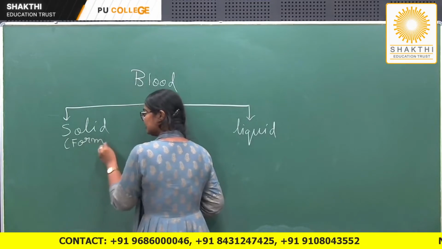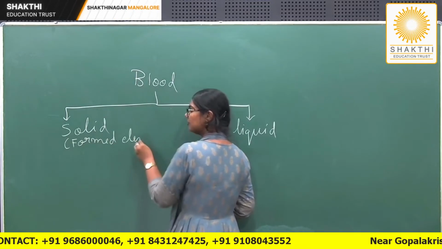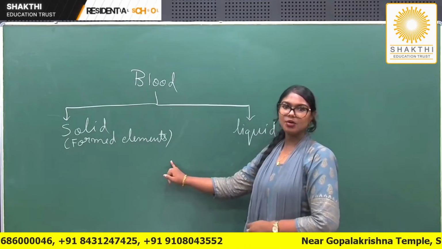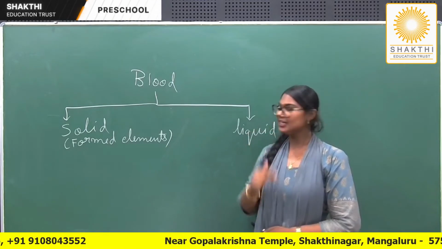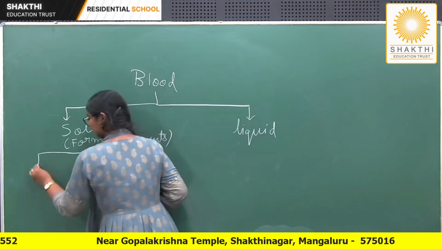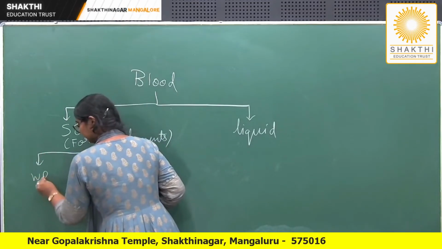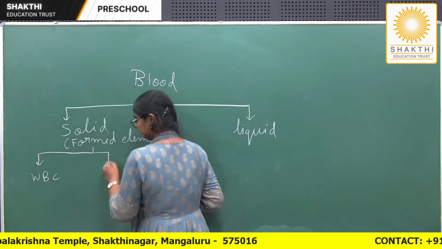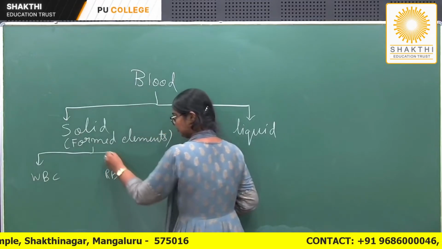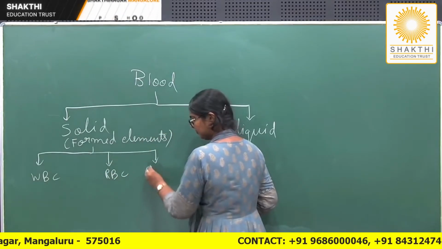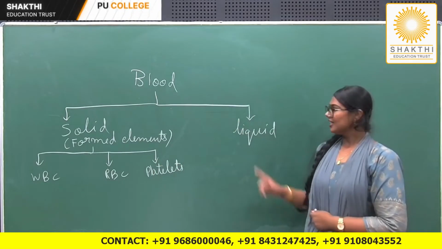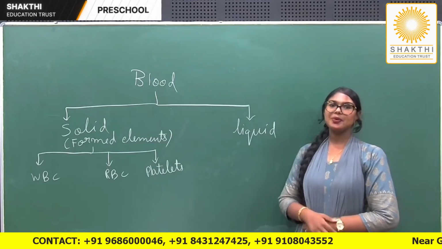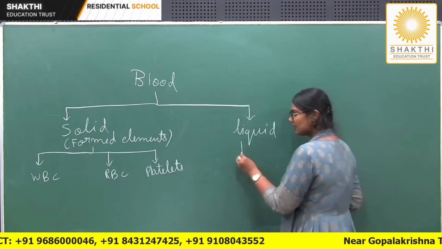Now, under solid component, we have three more components, that is the WBC, RBC and platelet. Under the liquid component, we have only one, that is plasma.